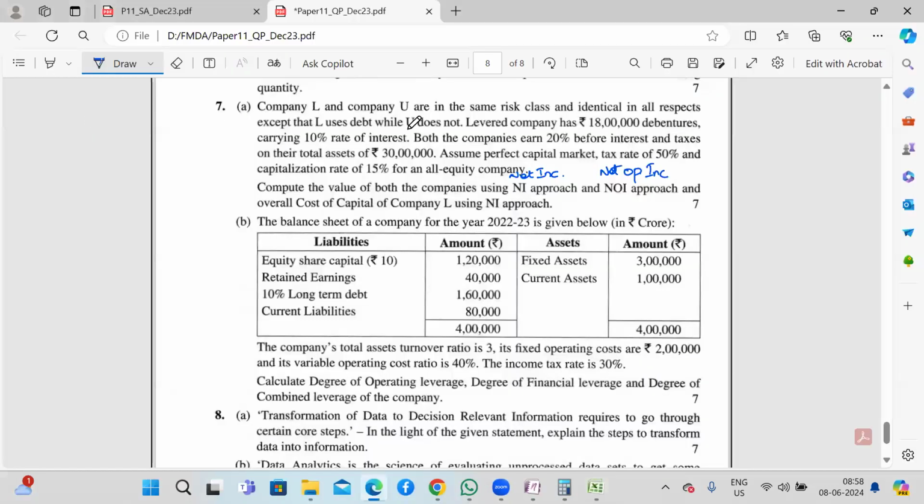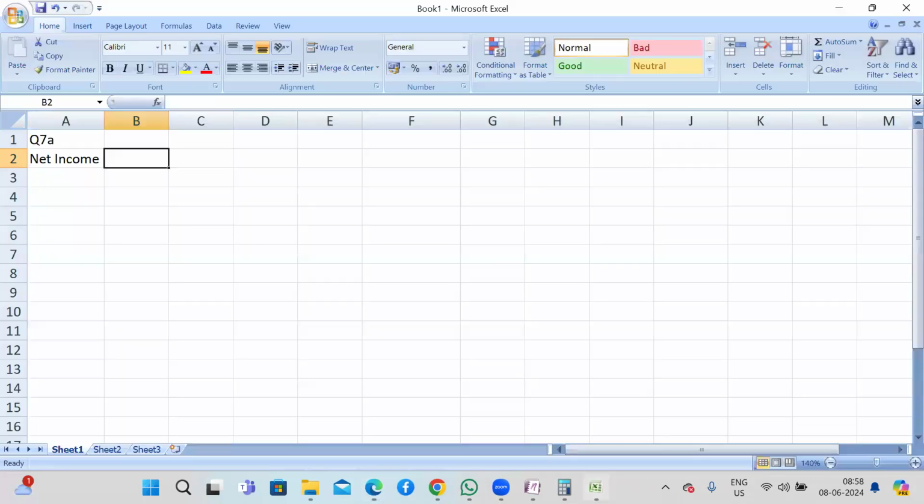Net income, what have they given? The companies earn 20% before interest and taxes on the total of 30 lakhs. So both the companies will be earning the same amount of profits. On 30 lakhs of assets, they are earning 20%.